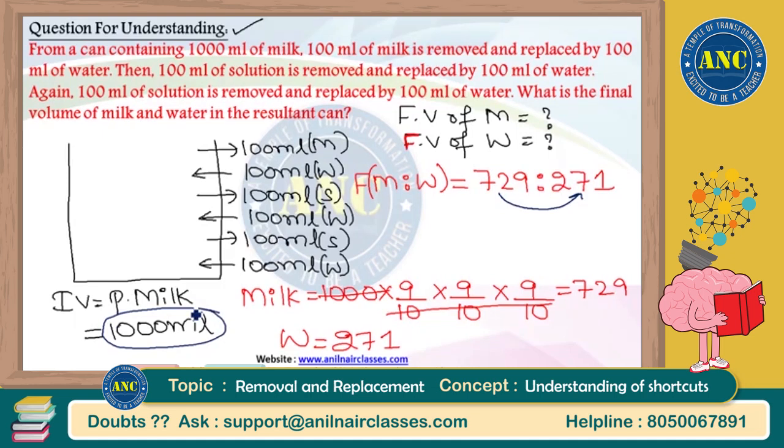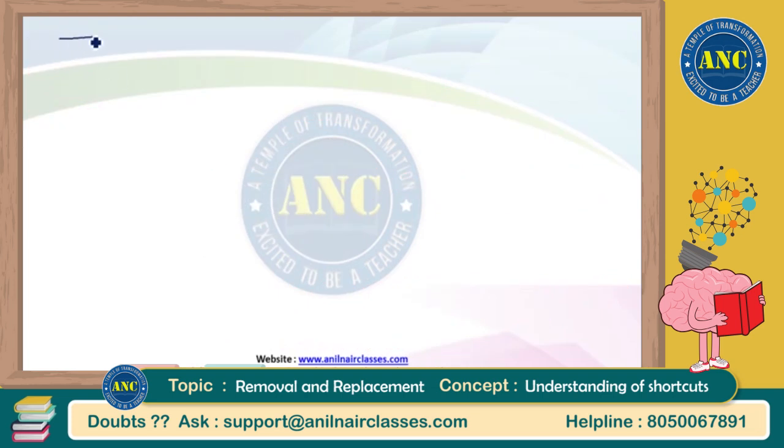These are all things which you already know. Now, observe carefully, sir. This is the question for understanding. What is the meaning of it? First of all, what all is given in this question? Let us analyze it. Initial volume is given in the question, right?